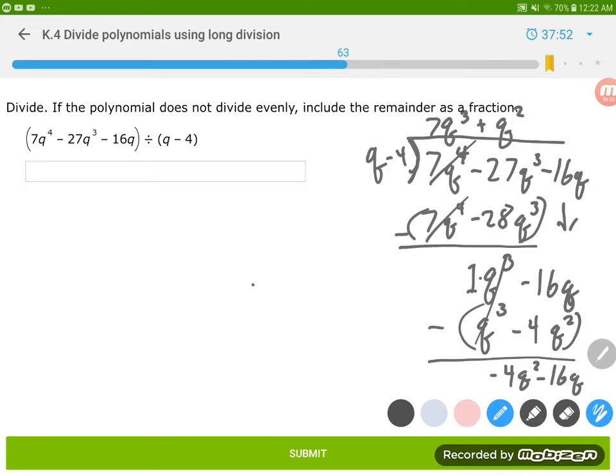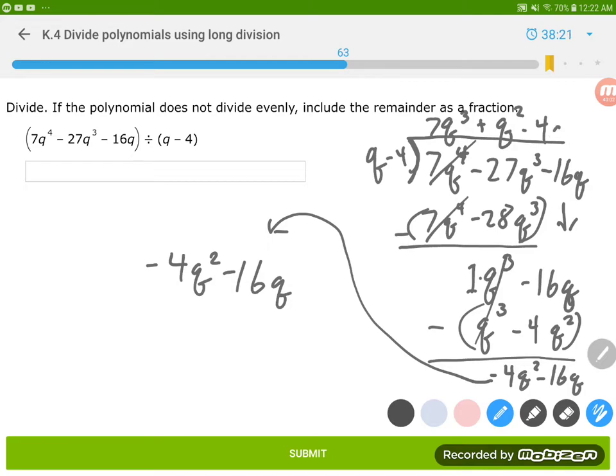Okay, I'll go ahead and pick my problem up back over here. So my question now is, what can divide negative 4q squared? Negative 4q squared divided by q, what does that equal? It equals negative 4q.